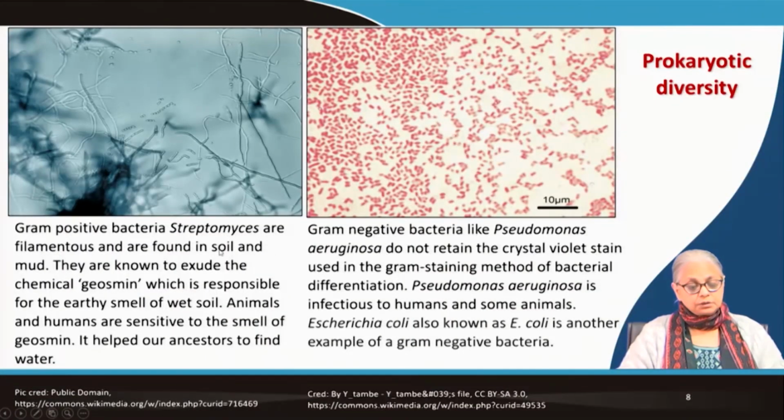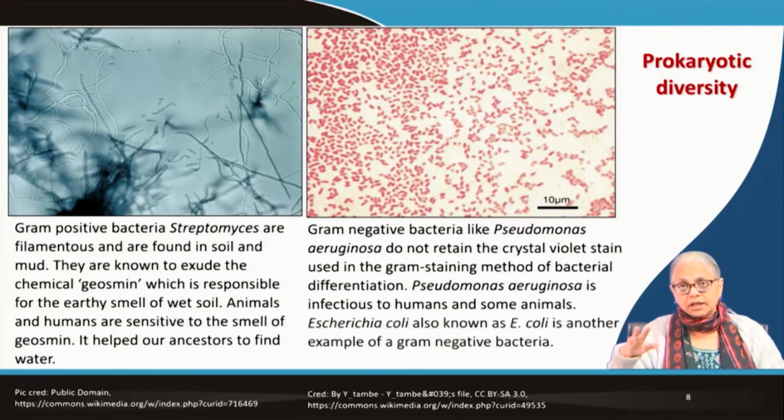Then you have streptomyces. This is a gram-positive bacteria which is filamentous in nature. You can see how individual cells have formed these long filaments. They almost look like the fungi that we were looking at, and that's why the name streptomyces. It's found in soil and mud, and most of us have experienced this earthy smell.